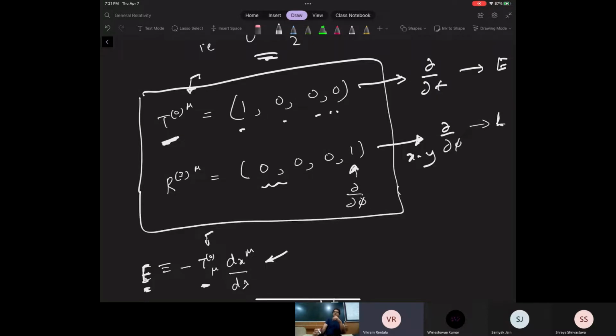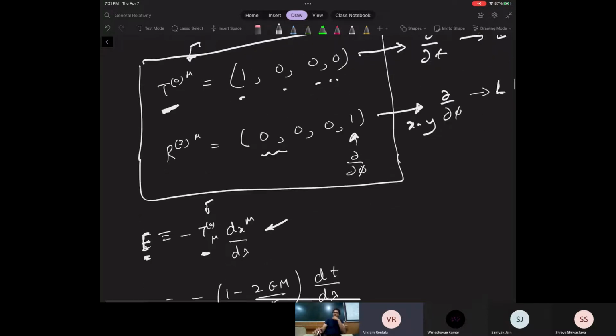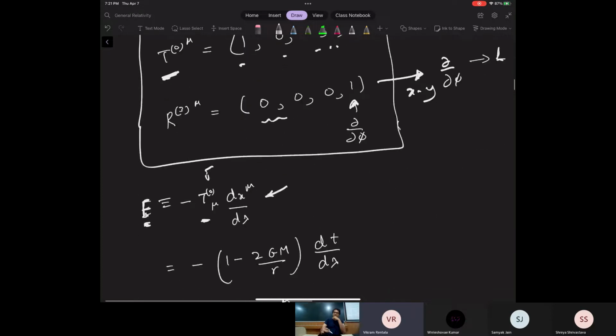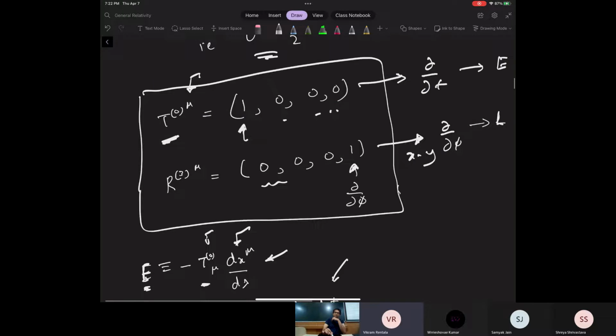If I lower the index, I have to lower it using the metric. The 0, 0 component of the metric is minus 1 minus 2 gm by r, so that will give me 1 minus 2 gm by r. And the only component here is dx0 d lambda, which is dt d lambda, because I only have a non-zero component for the zeroth component of t0.